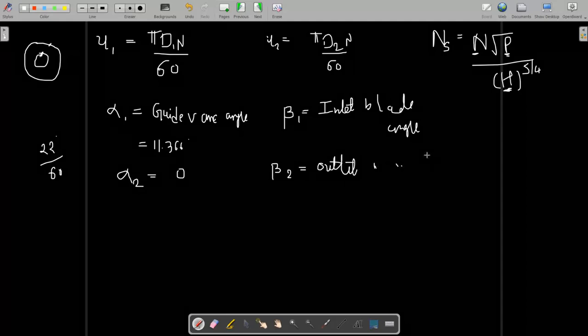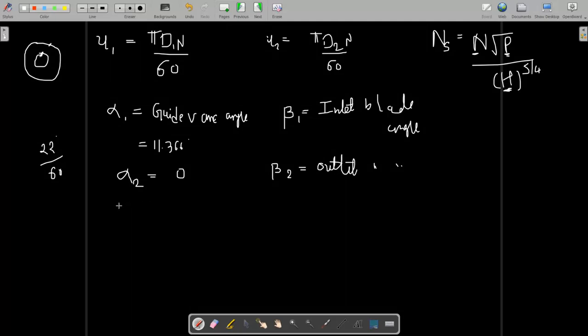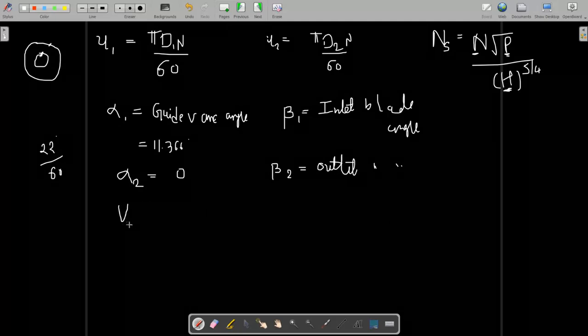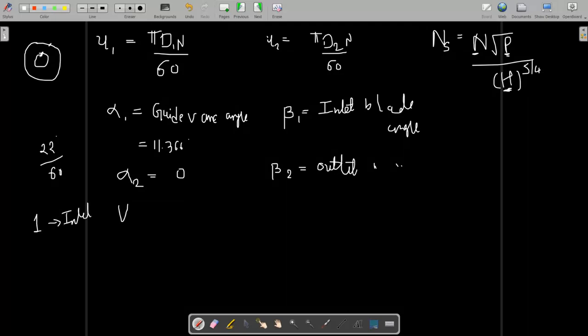Okay, so we have to draw the velocity triangle, but before that, wherever I use V, only V, that means it is the absolute velocity of water, and suffix 1 means at inlet and suffix 2 means at outlet.